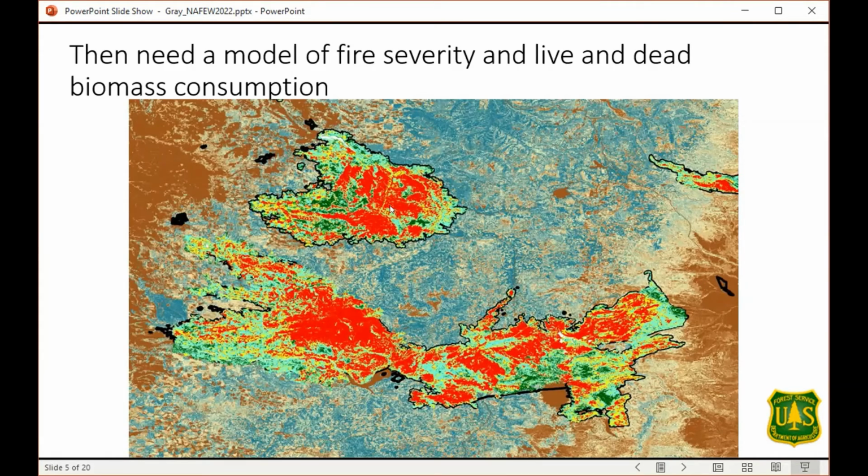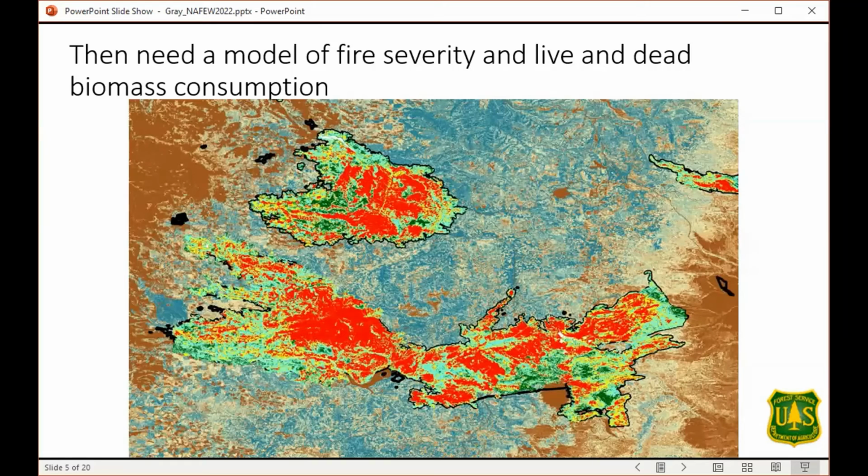Within these different areas, you're taking a model of biomass and adding a model of fire severity, and then adding a model that estimates the amount of biomass killed and consumed by those different fire severities.